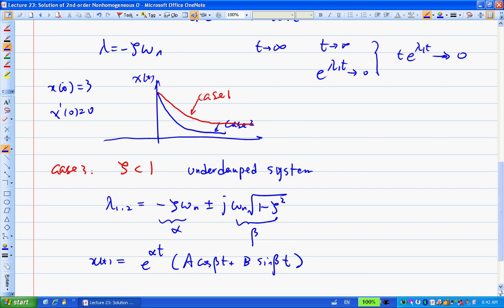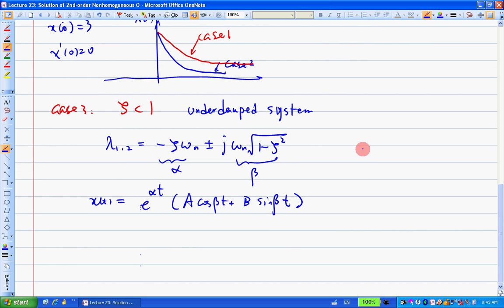So now you can see I got oscillations here because of the sine and cosine terms. At the same time, you also have this e to the power of alpha t. Alpha is this quantity, and it is negative because zeta omega n are greater than 0. So this is an exponential decay, right? So you have an exponential decay curve multiplied with a constant oscillation.